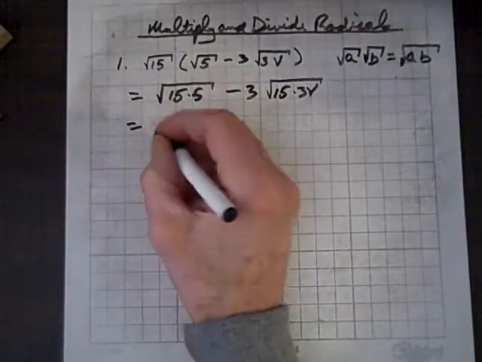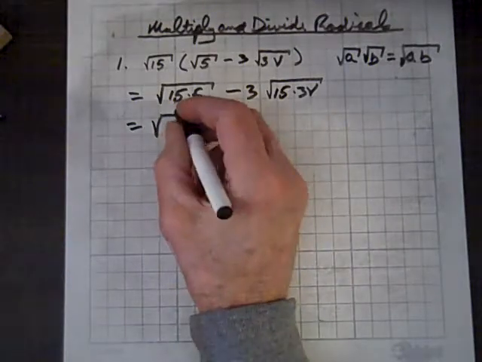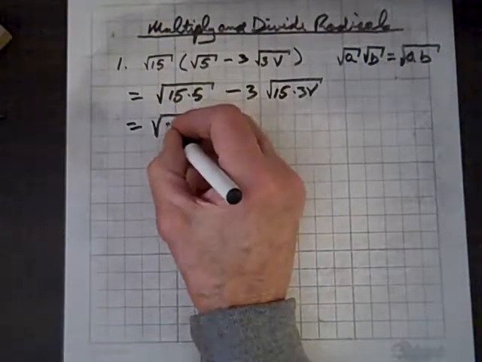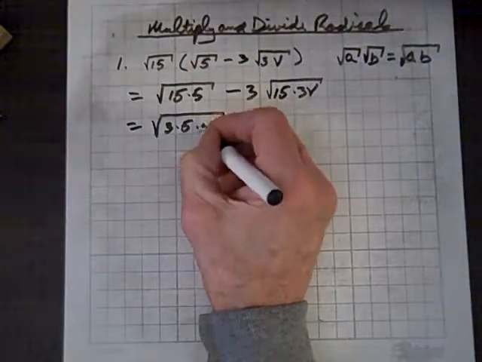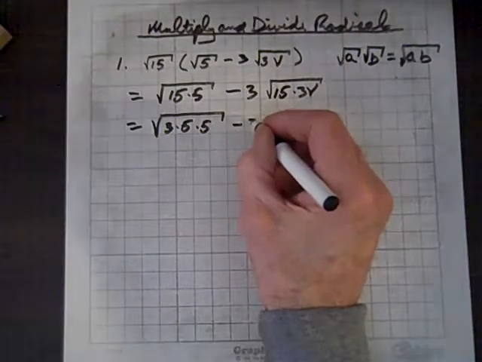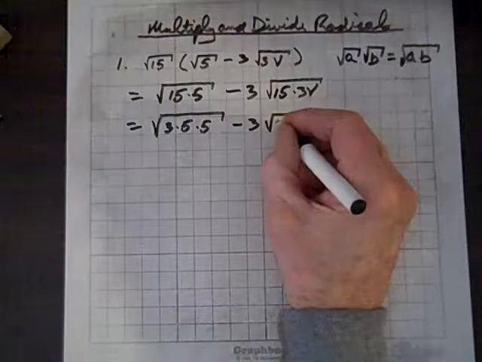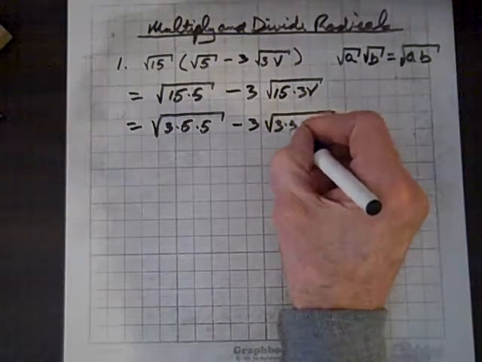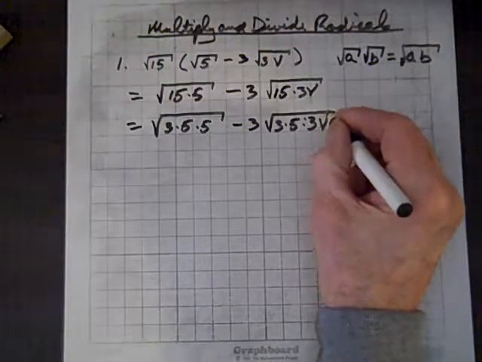Now, this equals the square root of, and 15 is 3 times 5, and we have this factor of 5. So here we have 5 squared, minus 3 times, and 15 is the same as 3 times 5 times another factor of 3 times v.